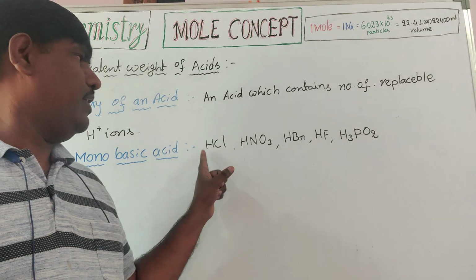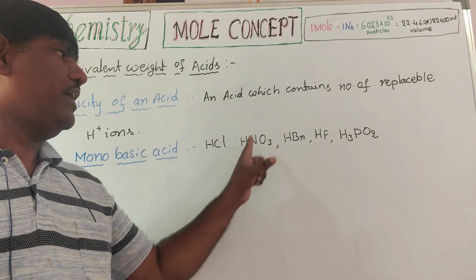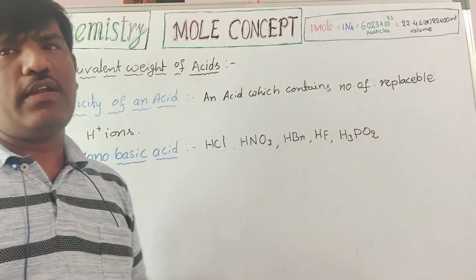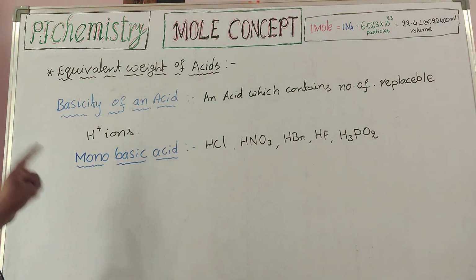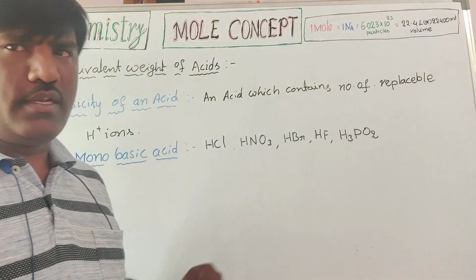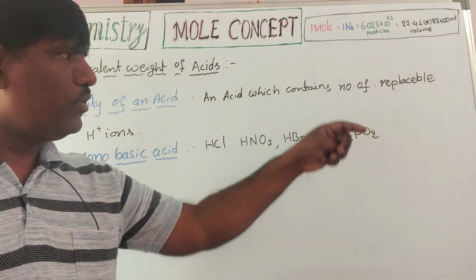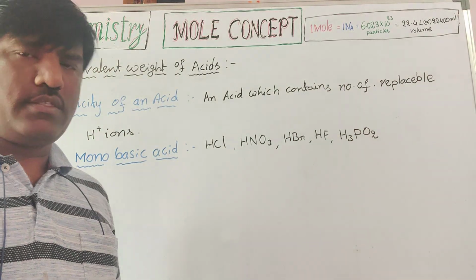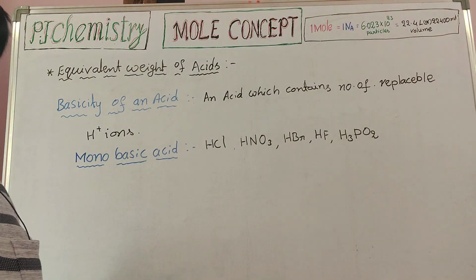HCl has one hydrogen, and these also have one hydrogen each. Directly we say monobasic acid, because one replaceable hydrogen ion is there. But in H3PO2 there are three hydrogens. Then how does it belong to monobasic acids?